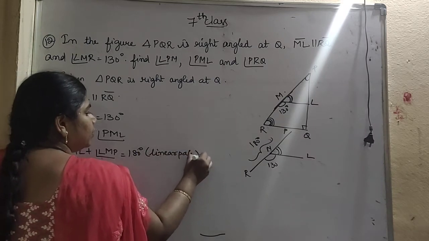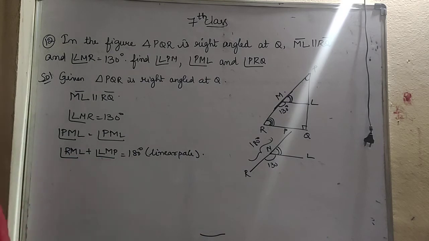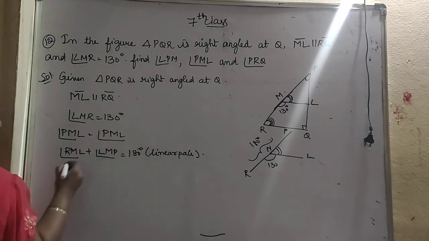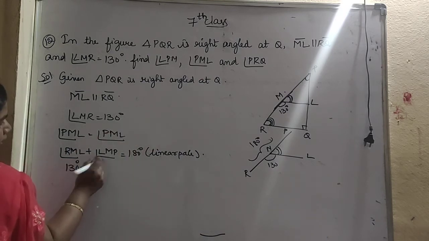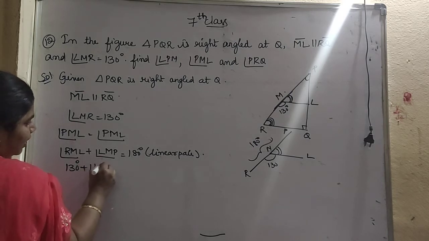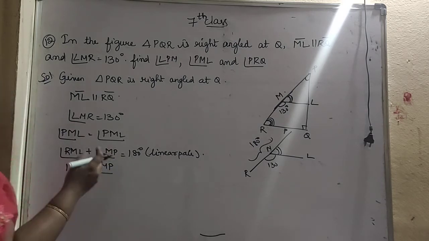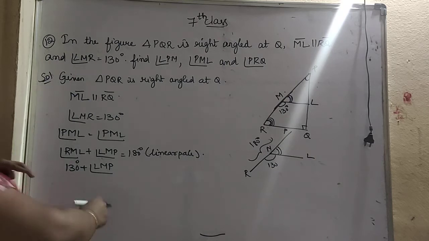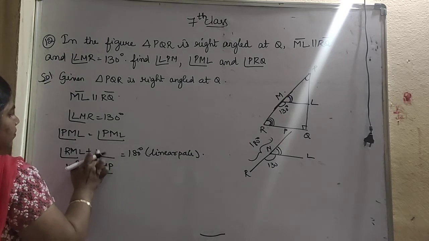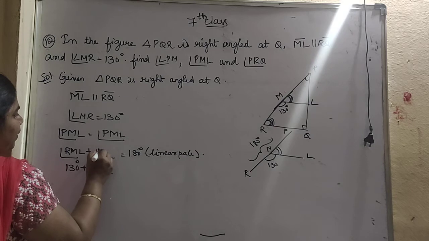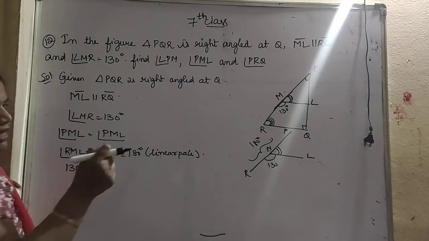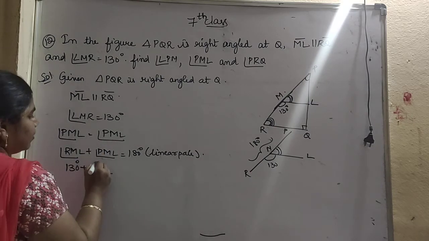So it is forming a linear pair. This RML we already know is 130 degrees. We have to find this angle. LMP, I am writing as it is. You can write LMP, or you can take it as PML. Anyway, the middle alphabet represents the angle there.